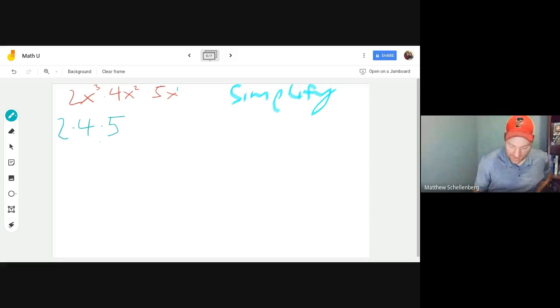And then the x's, you have x cubed times x squared times x to the 1. The exponents get added up. 2 times 4 times 5 is 40.